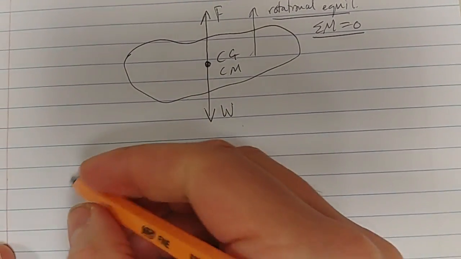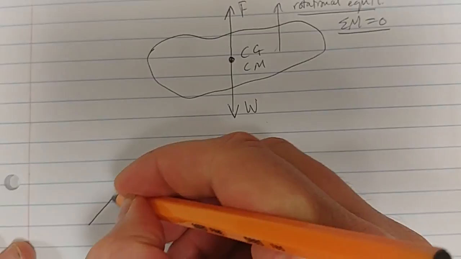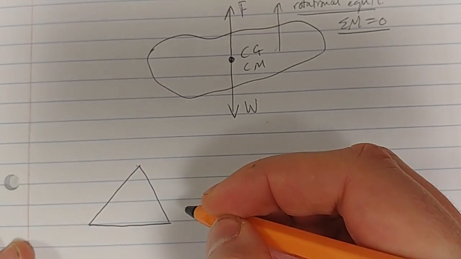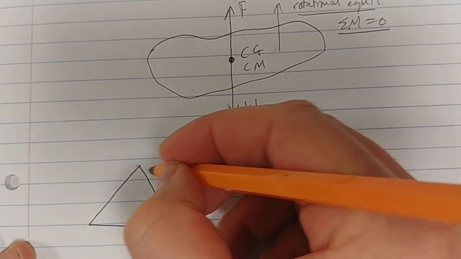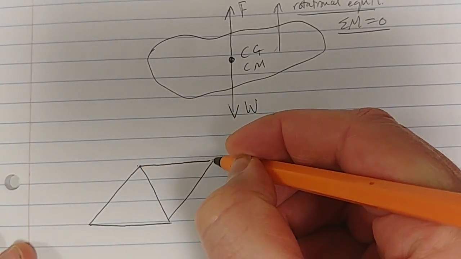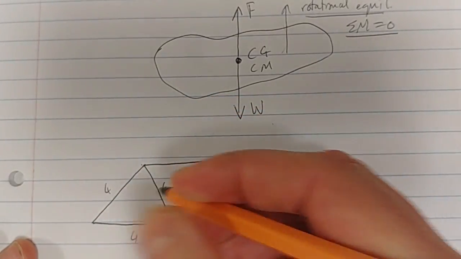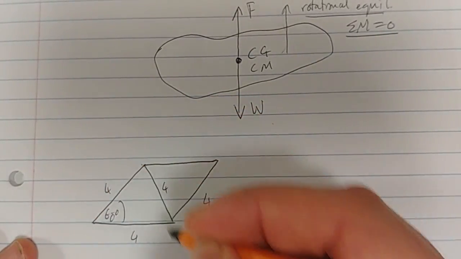It's got this problem 951. It looks something like this. It's a truss and it's got these members, and each member is 4 meters long, okay? And we've got some angles here.